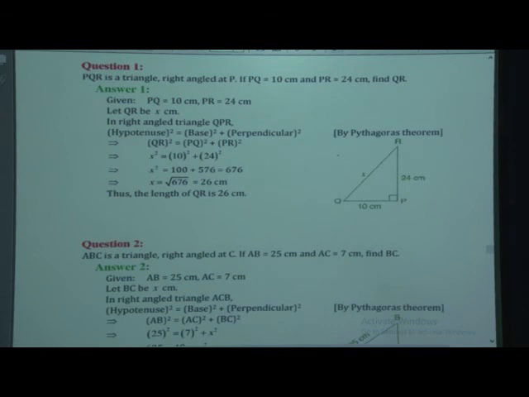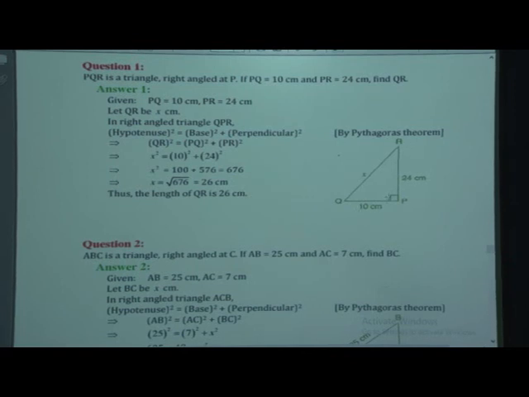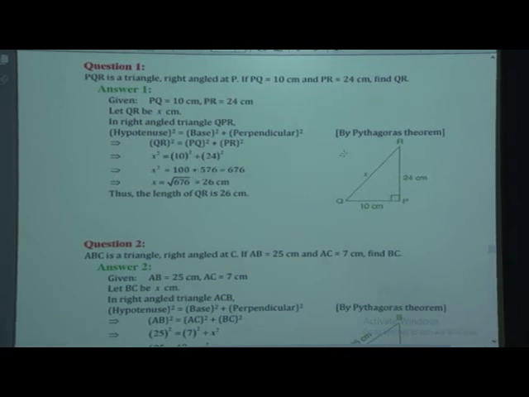If PQ is equal to 10, so PQ is given as 10 centimeter and PR is given as 24 centimeter, and we have to find out the hypotenuse. Now which theorem we are going to use is nothing but the Pythagoras theorem. So where we are using the Pythagoras theorem, we have to mention that in a bracket.